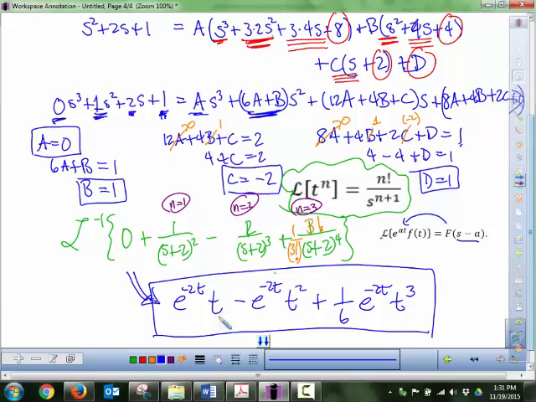So we did the shifting in the s-axis, but there's a shift in the t-axis that's also possible.